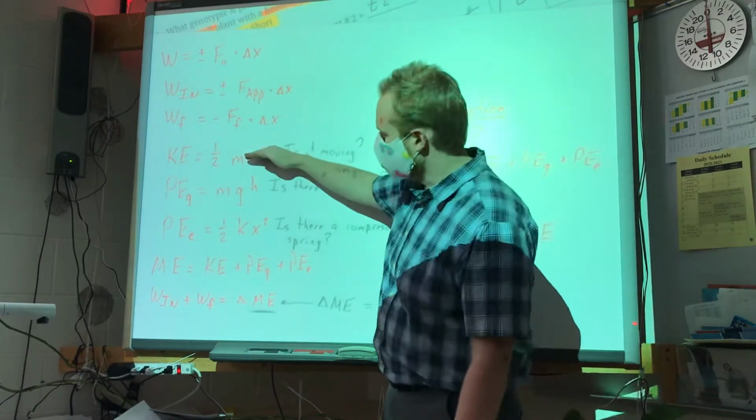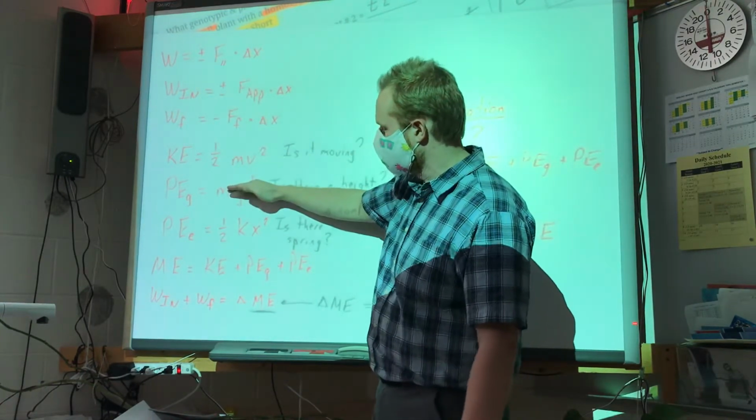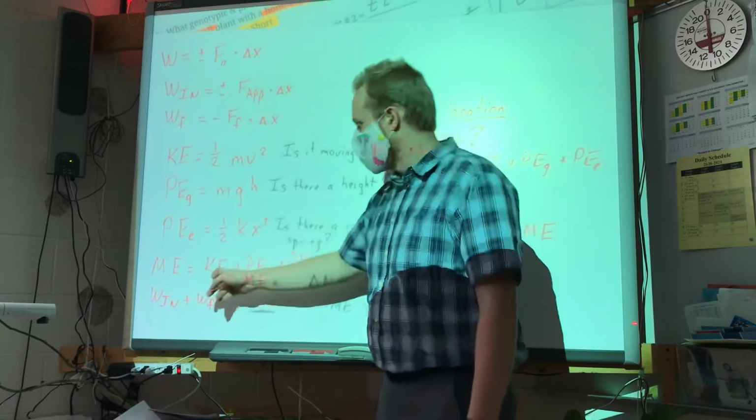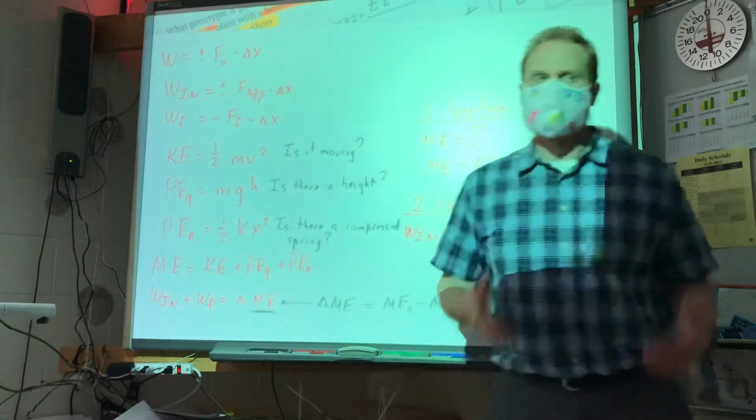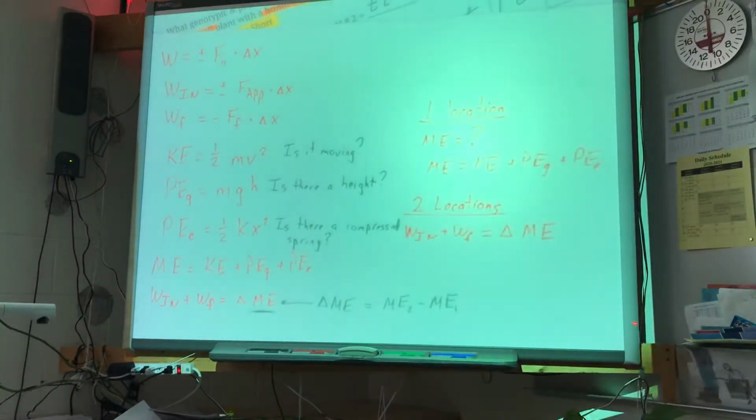So I calculate this number, this number, and this number, and I add those 3 numbers together. If I ask you for mechanical energy, we take those 3 types of energies and add them together. Very conveniently, a lot of times 1 or more will cancel out. It's not moving, or it doesn't have a height, or there is no compressed spring. Sometimes, not always.